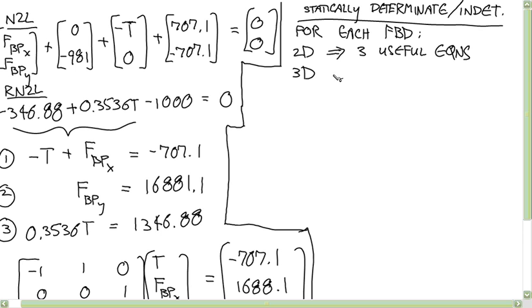If you're doing a 3D problem, you get 6 useful equations. What that means is if you isolate a free body that has more unknown loads than that, more variables needed to represent your loads, you can't solve it, right? It's a simple idea.